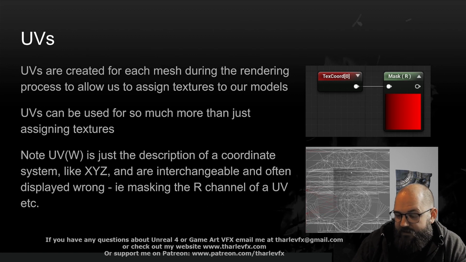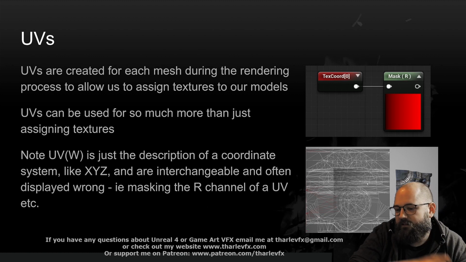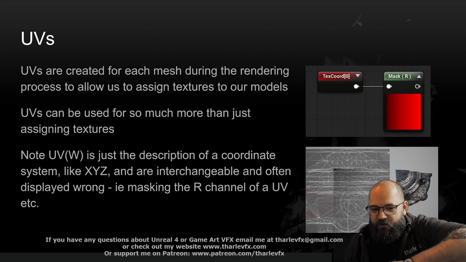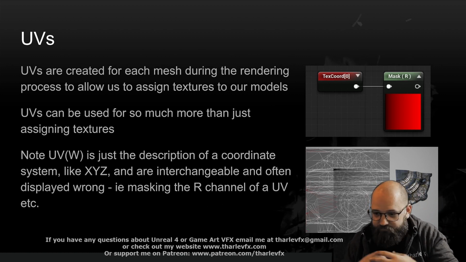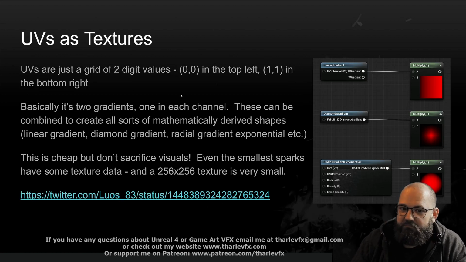We've got overlapping UVs, and it's a way of looking up where in the texture should be applied to that part of the model. But they're more than that. They can be used in lots of different ways, more than just a way of aligning or assigning textures. They can be used directly as textures.